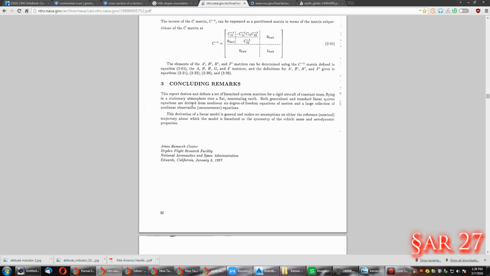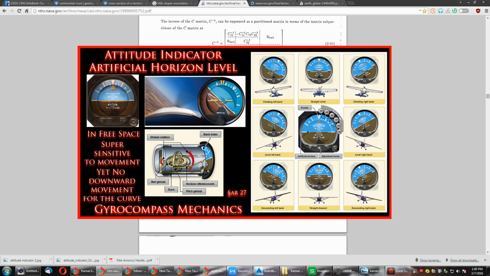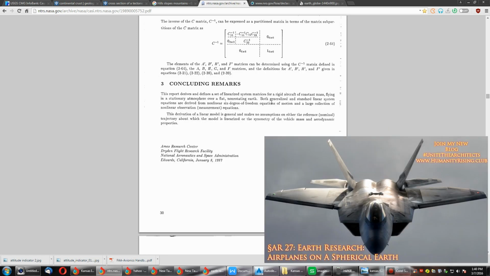And if you look here, it says the equations are derived from nonlinear 6-degree-of-freedom equations. That's the movement of aircraft in the air. If you haven't seen my other videos, I have 3 of them, and one of them goes into detail on the attitude indicator, which is the gyro compass.